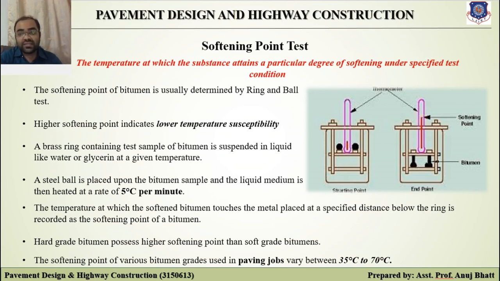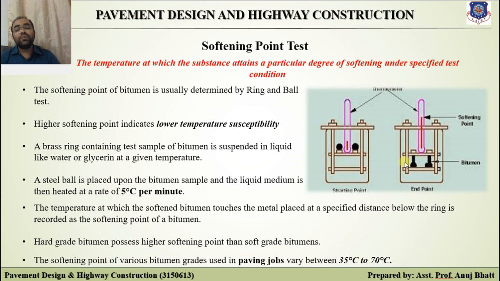So this line says that the temperature at which the softened bitumen touches the metal placed at a specified distance below the ring is to be recorded as the softening point of a bitumen.